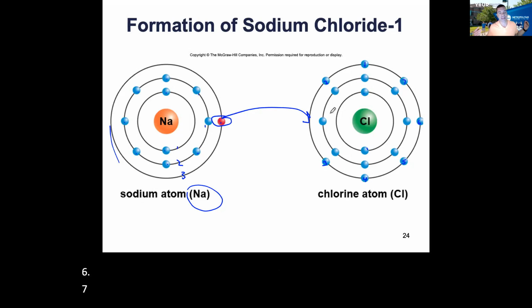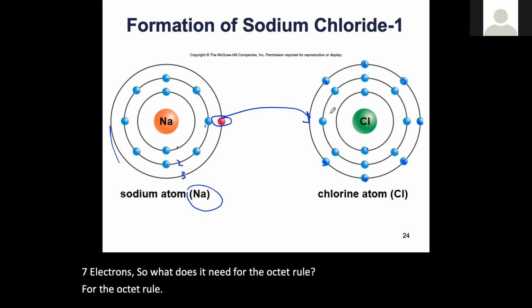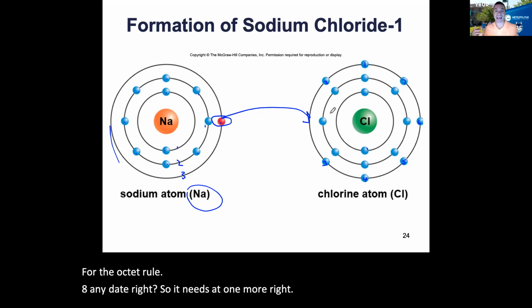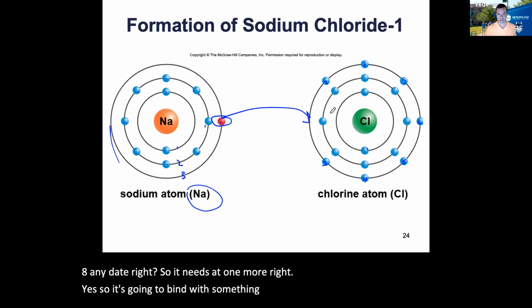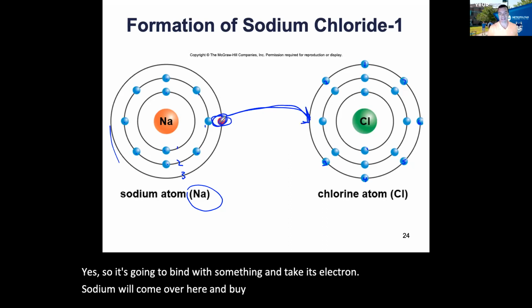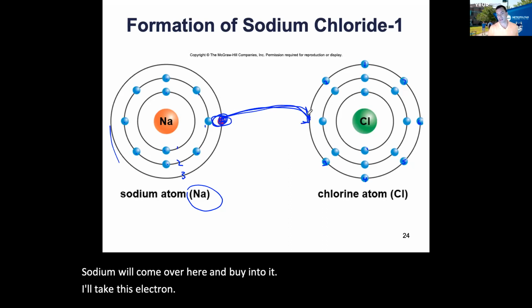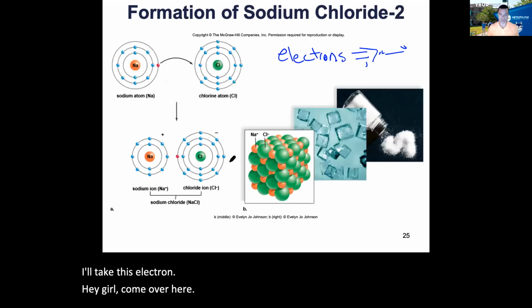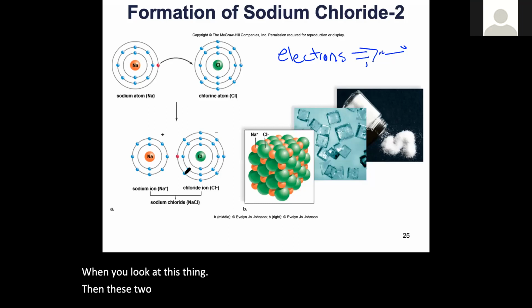So what does it need for the octet rule? It needs 8, right? So it needs that 1 more. So it's going to bind with something and take its electron. Sodium will come over here and bind to it. It'll take this electron. When you look at this, these two kind of congregate closer together here.